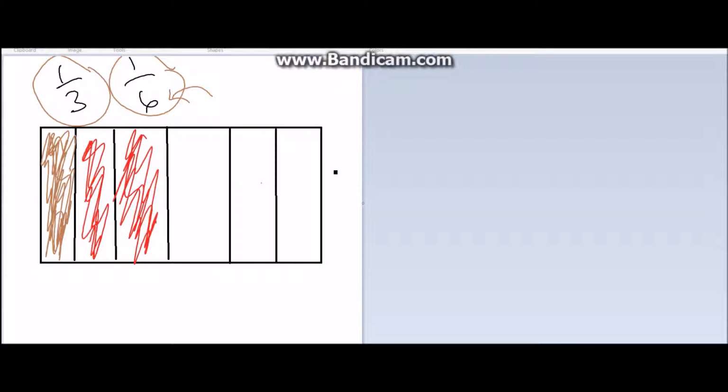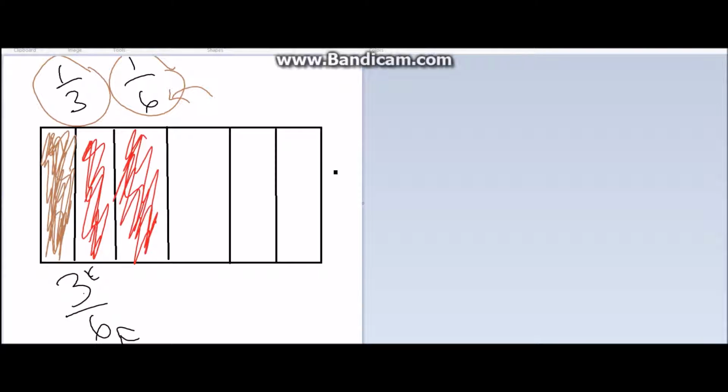If we see here, we have filled in 3/6 of our pan. Now, if you remember from the Khan Academy videos, whenever we have a fraction, we should check if we can simplify it. The way we check is we see if 6 is a multiple of 3, or 3 is a factor of 6.